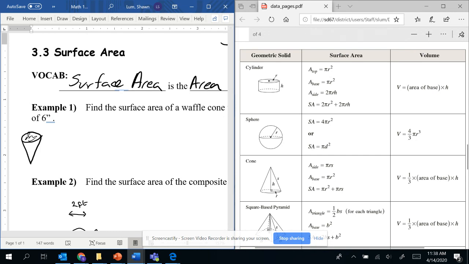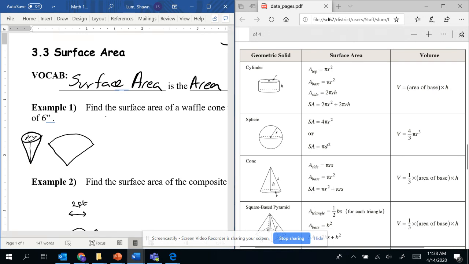So if we were to cut this thing out like this, our cone would look something like that. Okay, so this is what our cone would look like. There is no top to it. So since there is no base, we're just going to be using the surface area of the side, which is pi r s.